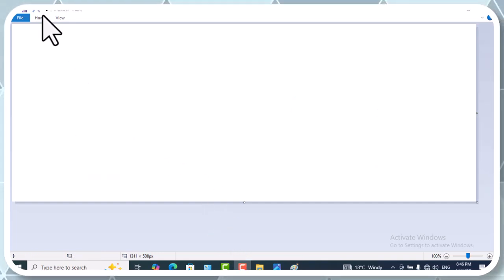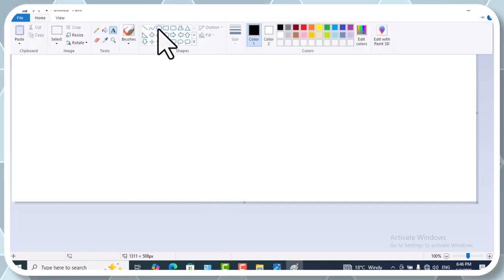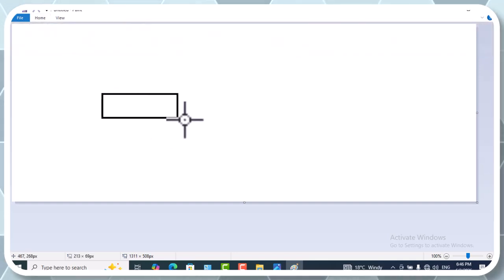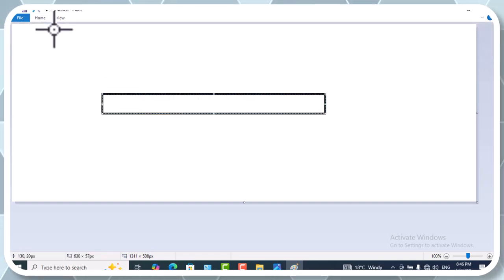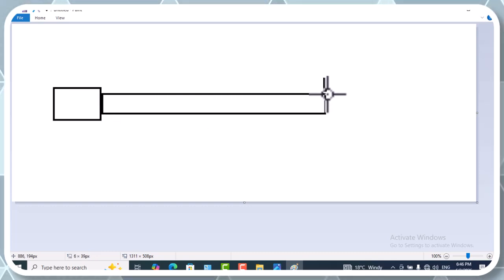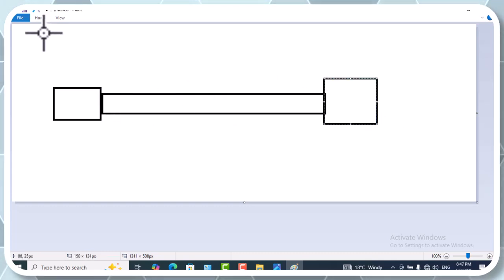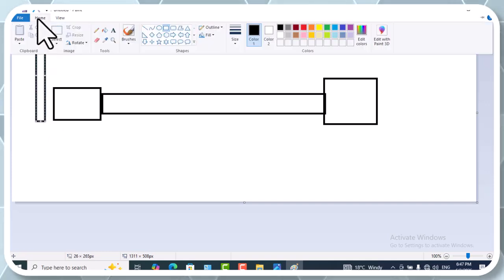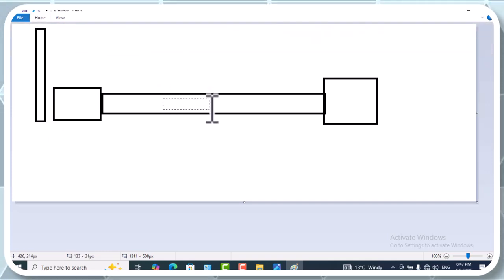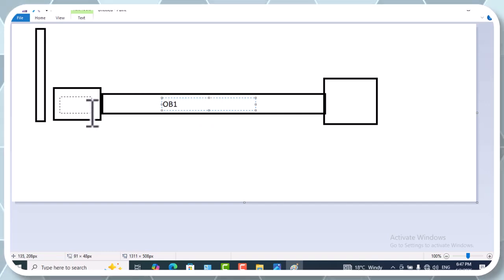And the last important thing is about, let me draw it like this, and like this, and here is our OB1, here is our PII, and here is our PIQ.